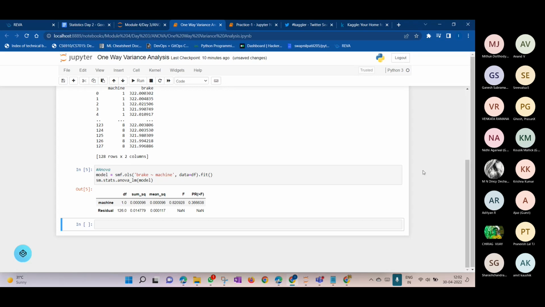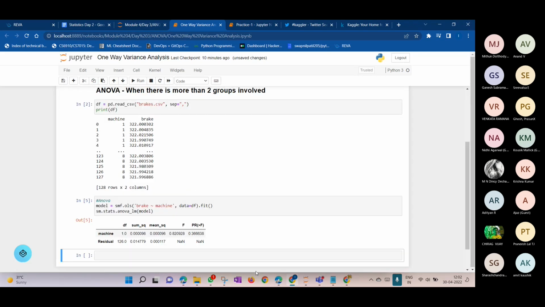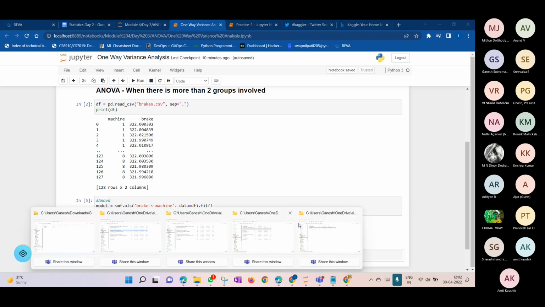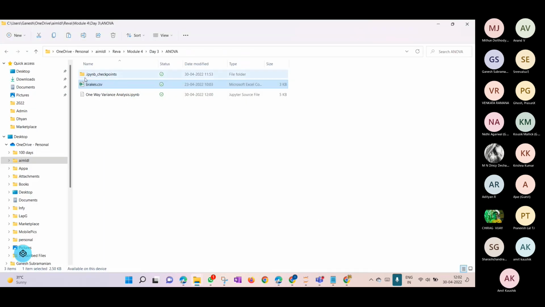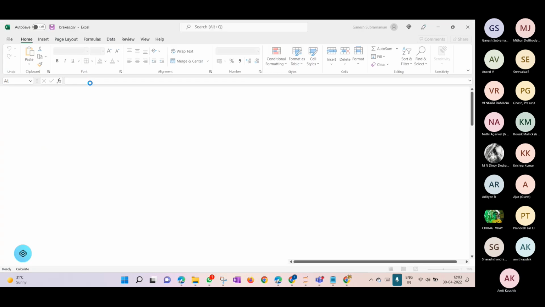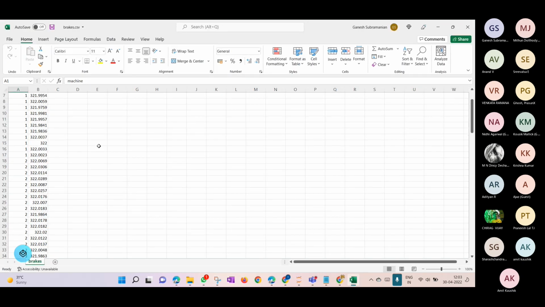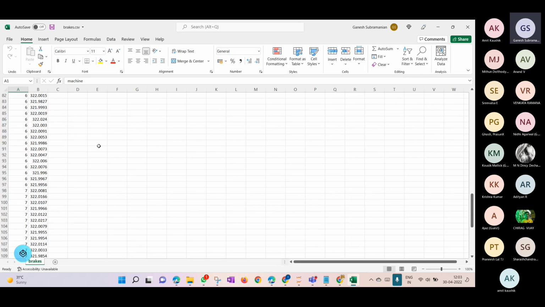Okay, can you show me the source file, breaks? Just a copy paste from the previous weeks.